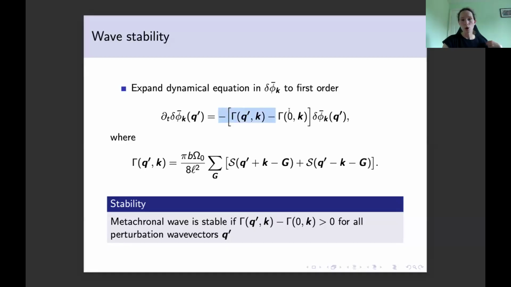So if this thing is positive for any q prime, any perturbation wave vector, then this metachronal wave of wave vector k is going to be unstable. If for all q primes this coefficient is negative, then we have a stable metachronal wave.